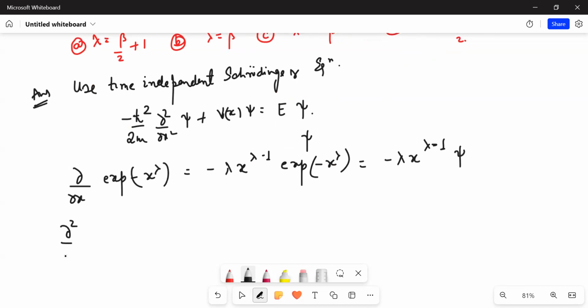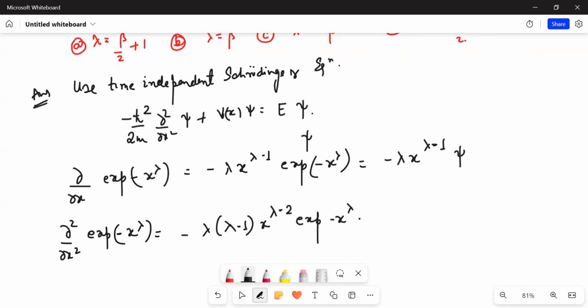If I want to find the second derivative with respect to x, it would be minus λ(λ minus 1) x raised to power λ minus 2 exponential minus x raised to power λ, and the second time we'll get plus λ² x raised to power 2λ minus 2 exponential of minus x raised to power λ.